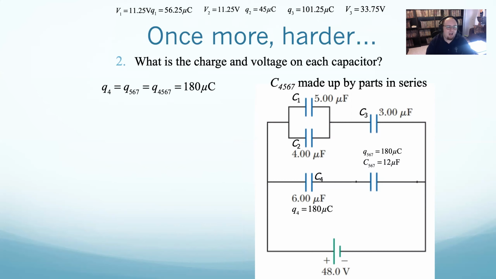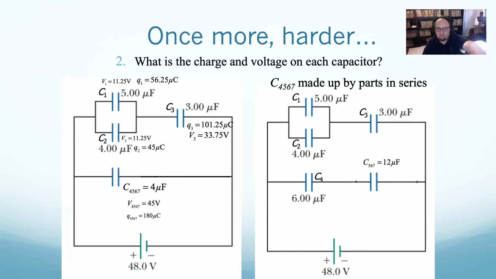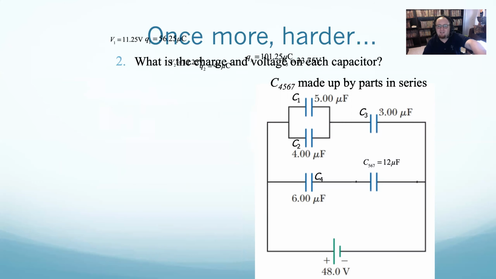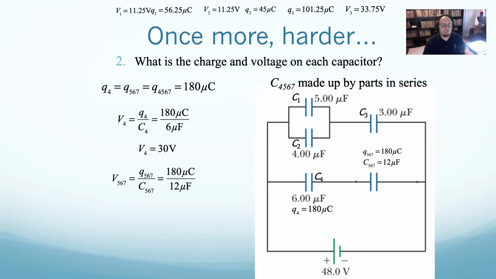Literally, I was continuing to put them all everywhere like I have here, but it started getting so messy that I'm like, screw it, let's just put everything on top. But there we go. That's the charge on both of them. If I know the charge on both of them, I can find the potential on both of them because V is Q over C. So the potential on 4 is just Q4 over C4. The potential on 5, 6, 7 is Q567 over C567.